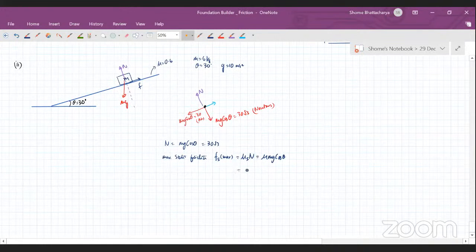So that is working out to be how much now? It is 0.6 into 30√3. So it is 18√3. So it's 18 into 1.73.